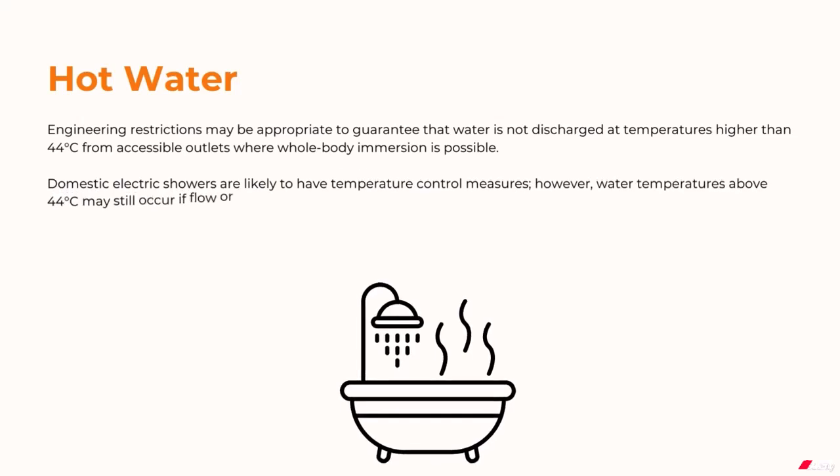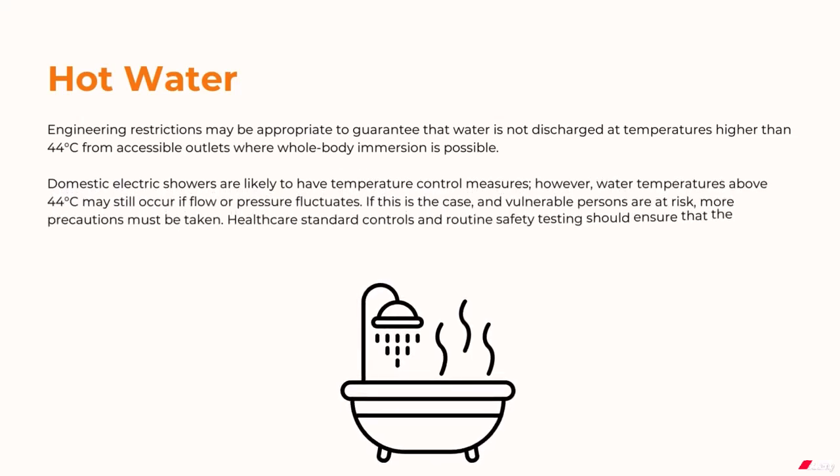Hot water. Engineering restrictions may be appropriate to guarantee that water is not discharged at temperatures higher than 44 degrees Celsius from accessible outlets where whole body immersion is possible. Domestic electric showers are likely to have temperature control measures.